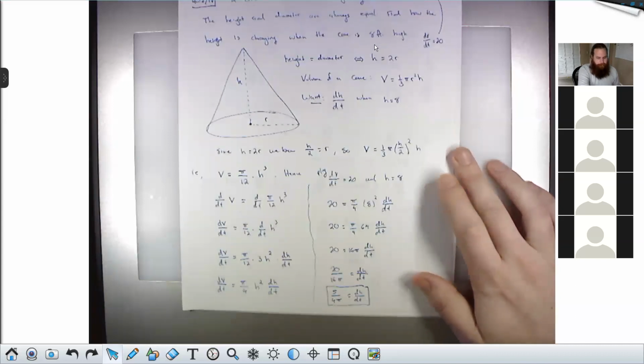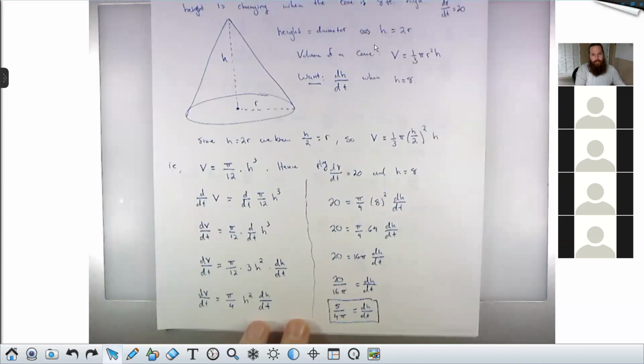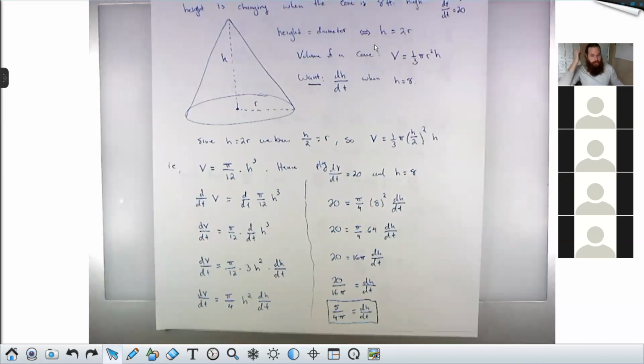So in other words, at the moment when the height of the cone is 8 feet, the height is changing at a rate of 5 over 4 pi feet per minute. In other words, the cone is growing at 5 over 4 pi feet per minute.